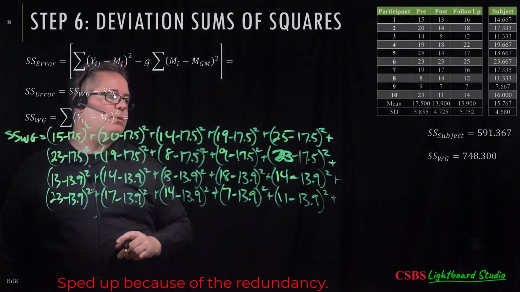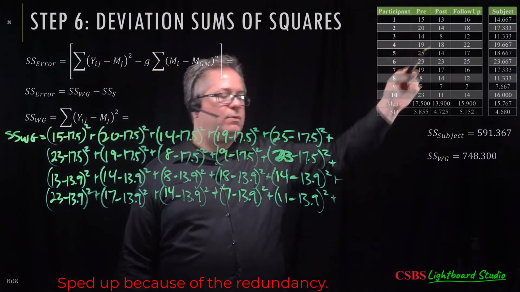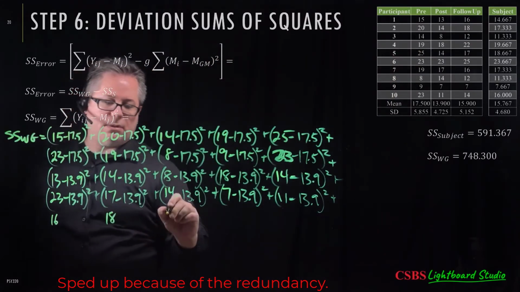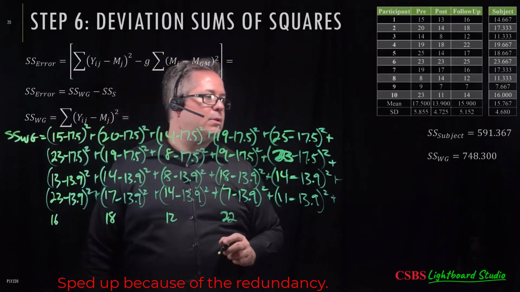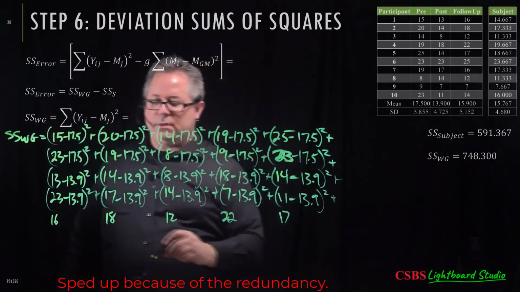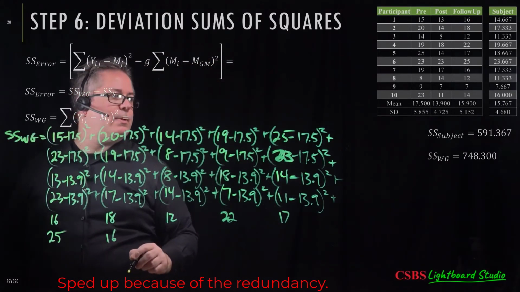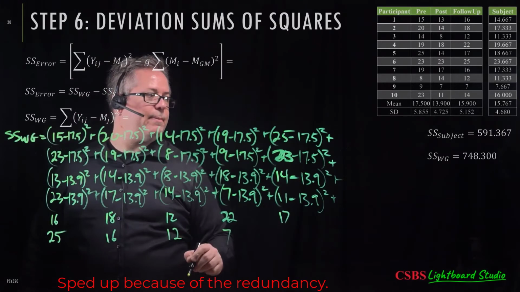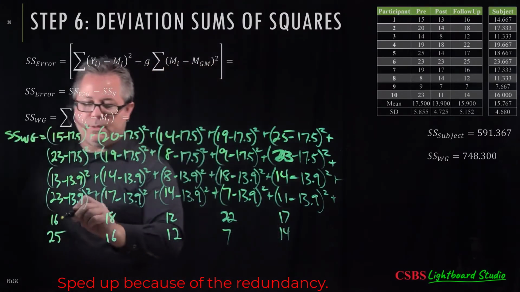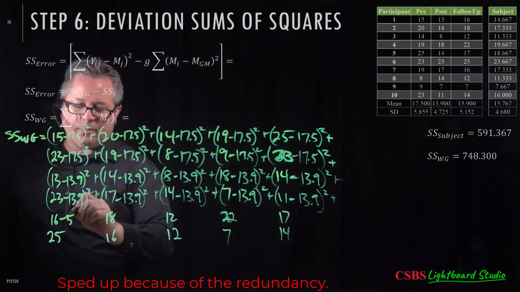All right, that's the second group all the way through. Third group, 16, 18, 12, 22, 22, 17, 25, 16, 12, 7, 14. Let's try to get the last means of 15.9.